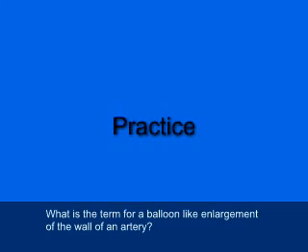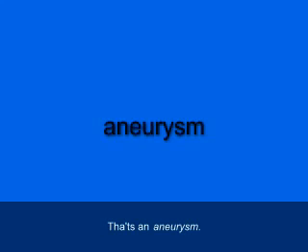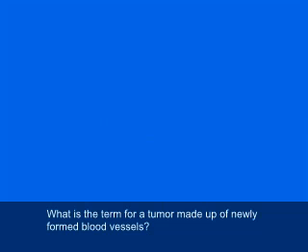What is the term for a balloon-like enlargement of the wall of an artery? That's an aneurysm. What is the term for a tumor made up of newly formed blood vessels?